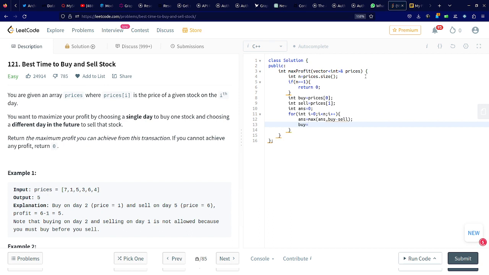Now we have to update the buy variable, so it will be the minimum of buy comma the current element. I think this should work. We don't need to start from i equal to 0, because we are already initializing buy to the first index.